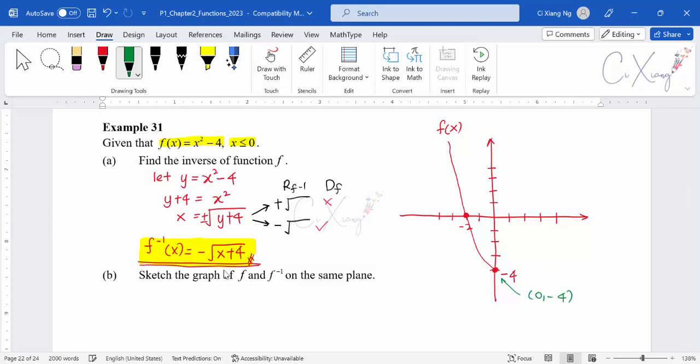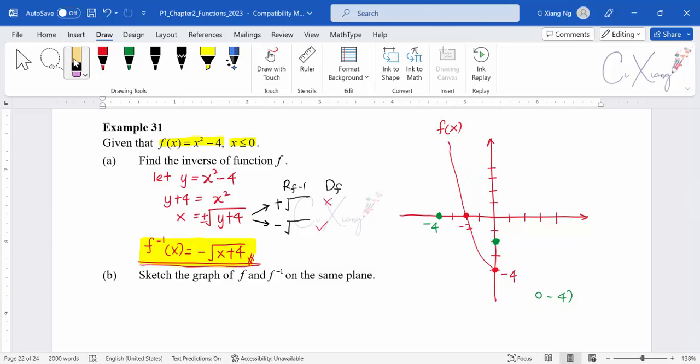Originally, when I want to sketch the diagram for f inverse, I swap the x and y coordinates. So now I have negative 4 as the x, then 0 as the y. So this is the point negative 4, 0, right? And for this point, originally it is negative 2 and 0. So when I swap it, it will become 0 and negative 2. So this is actually the point 0, negative 2.